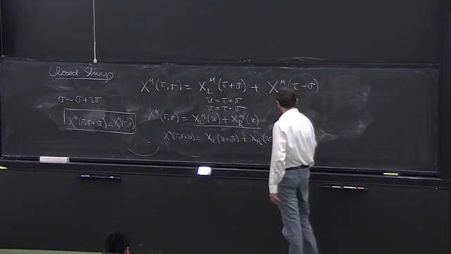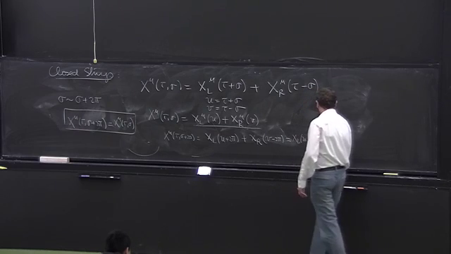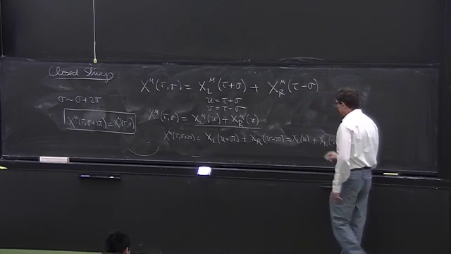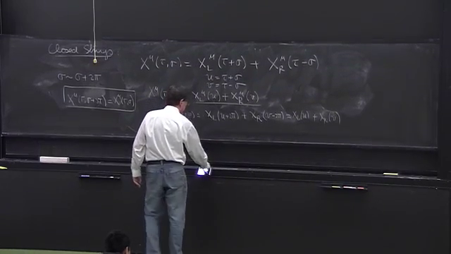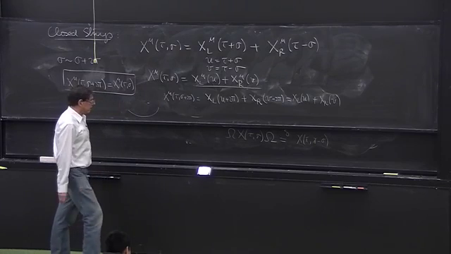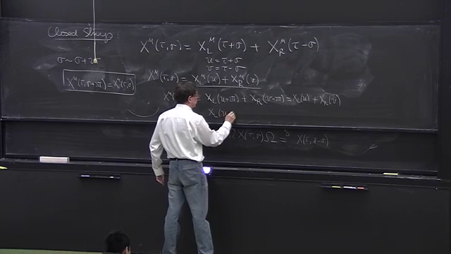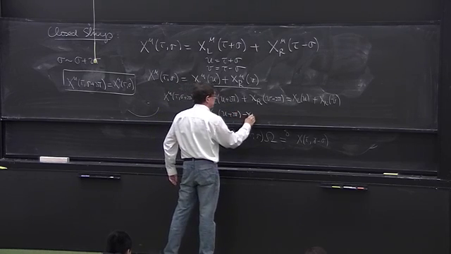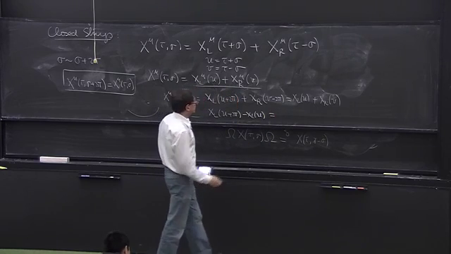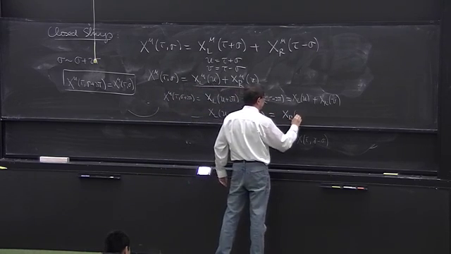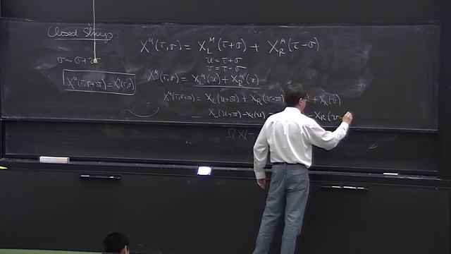And that should be equal to x left, I'm dropping the mu index, of u plus x right of v. Well, we can write this a little nicer by pulling the x left here: x left of u plus 2 pi minus x left of u. And on the other hand, you have here x right of v minus x right of v minus 2 pi.